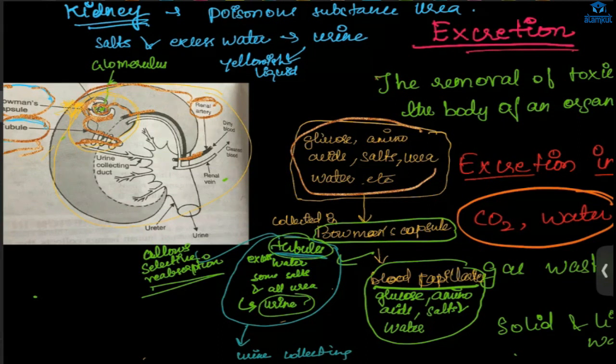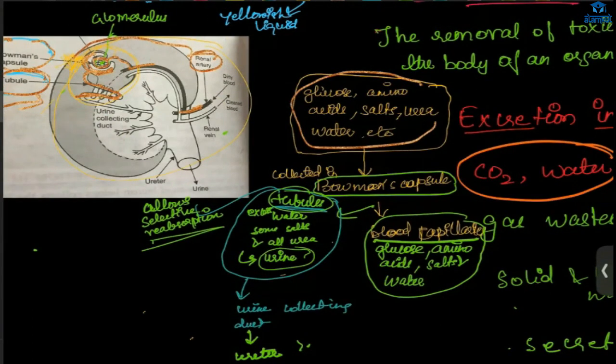Now, what will happen here? Now, filtration work is over. Now there will be reabsorption, right? So the waste material will be left in the tubules, and the useful material will be reabsorbed by the blood capillaries.